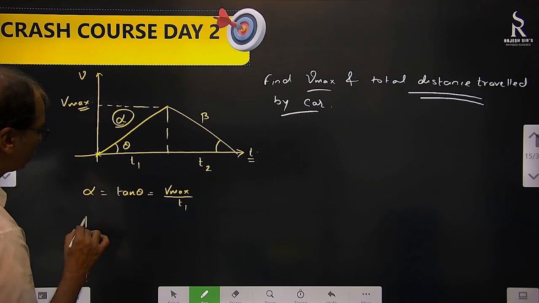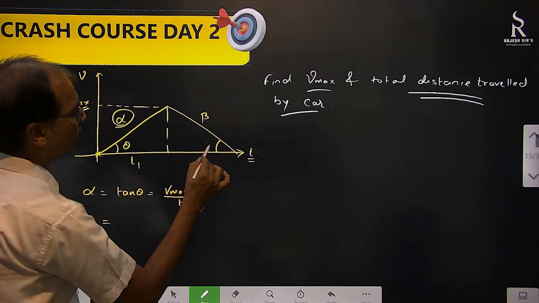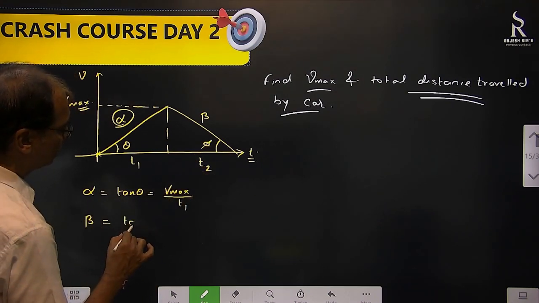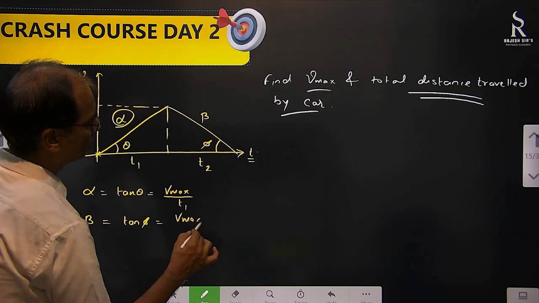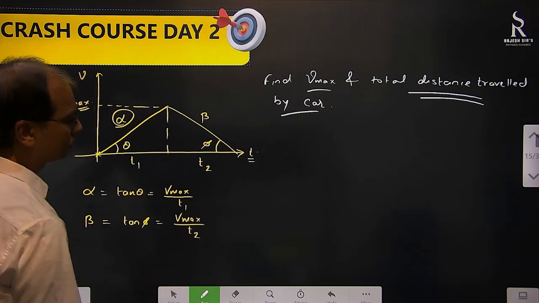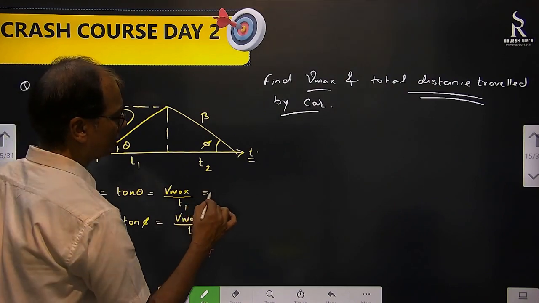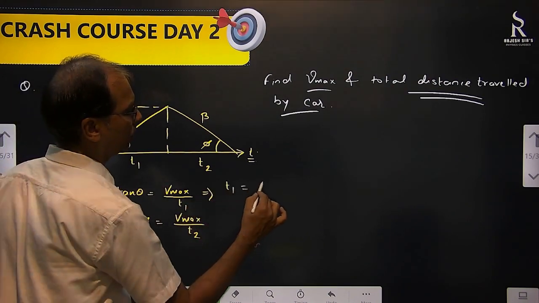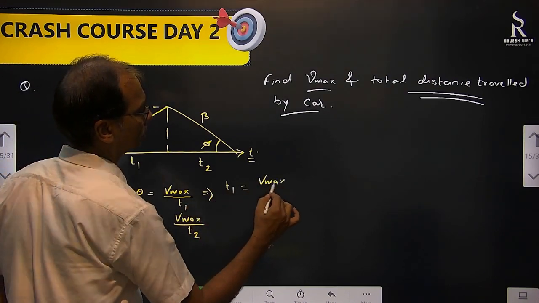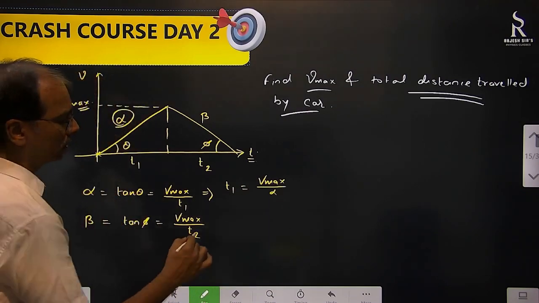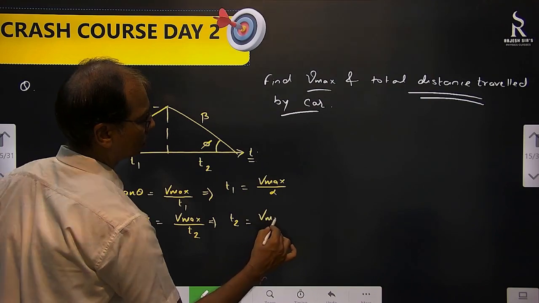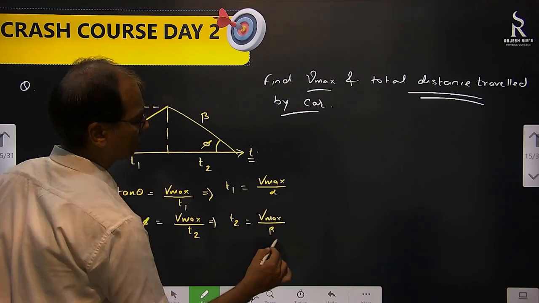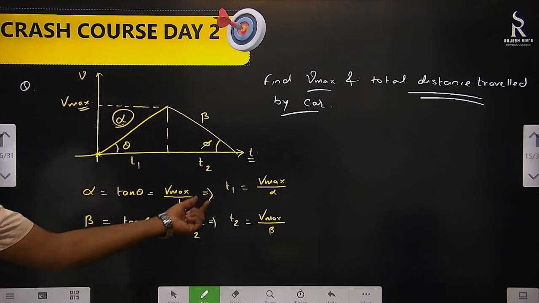If I say this is phi, then beta is tan phi, which is V maximum by T2. So we got T1 equal to V max by alpha, and T2 equal to V max by beta.